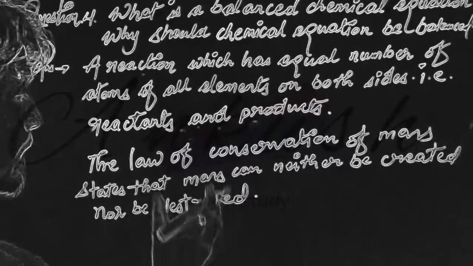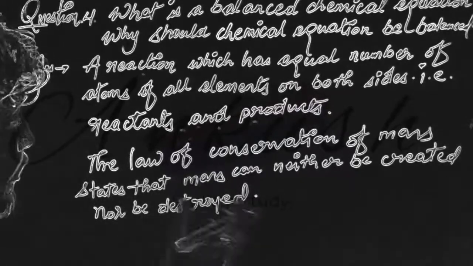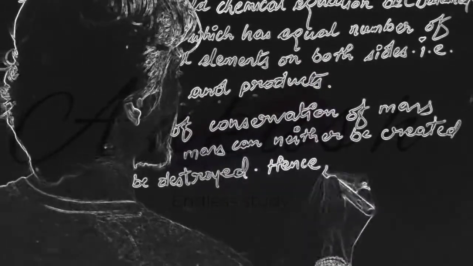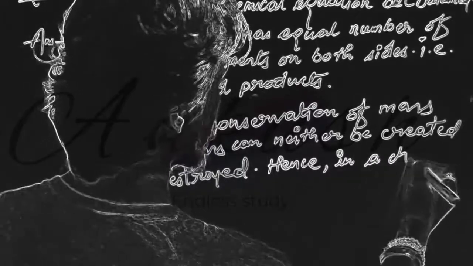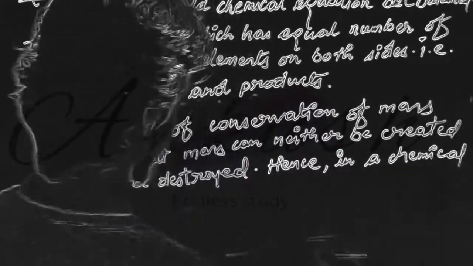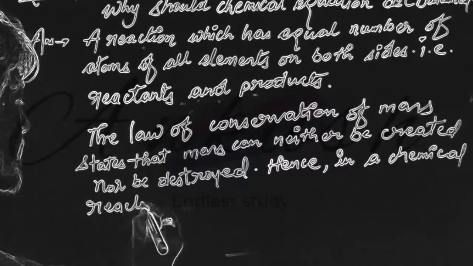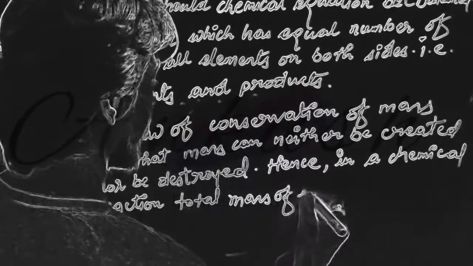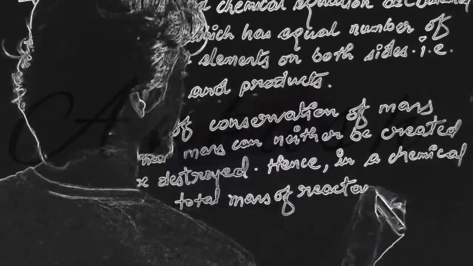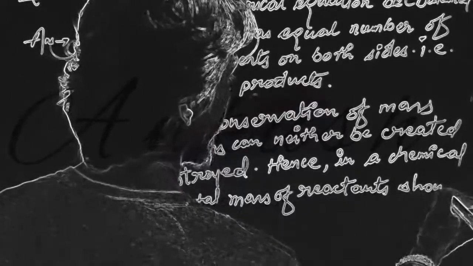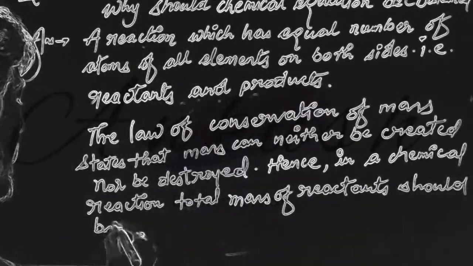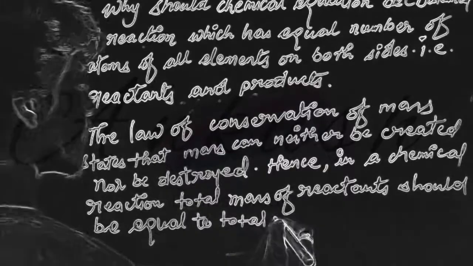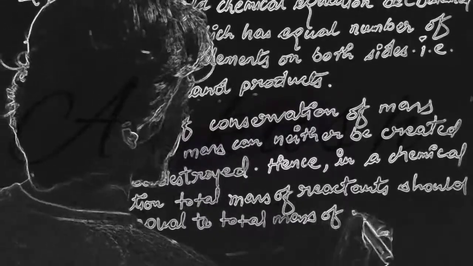So therefore the mass of the reactants should be equal to the mass of the products. Hence, in a chemical reaction, the total mass of reactants should be equal to the total mass of products.